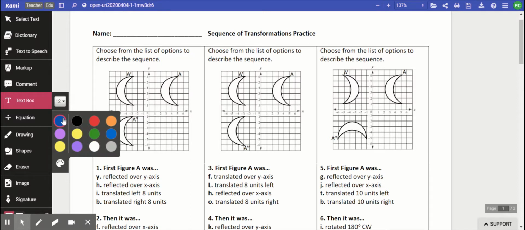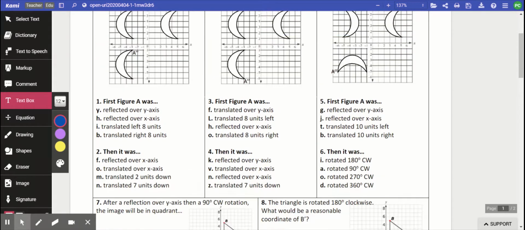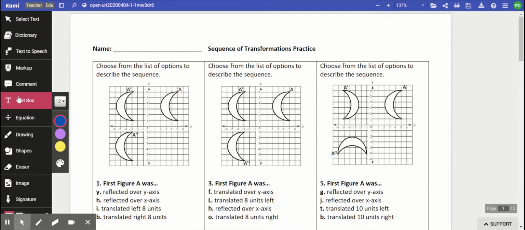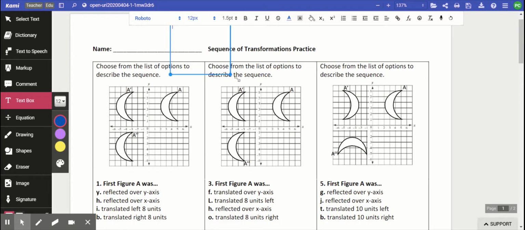Okay, so remember that a translation is a slide. I'm going to use a text box to add a few notes here. Let's see if I have some space. Put it up here. So translation means slide. I know it's hard to see right now.